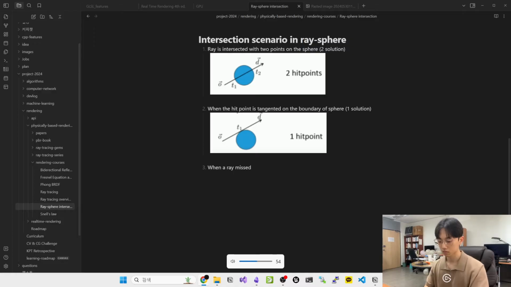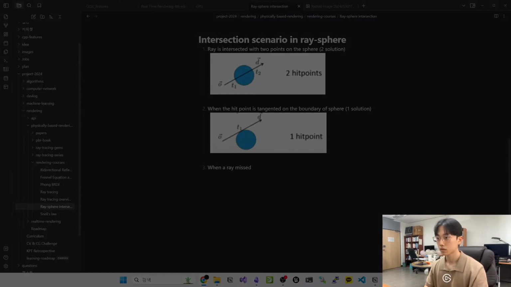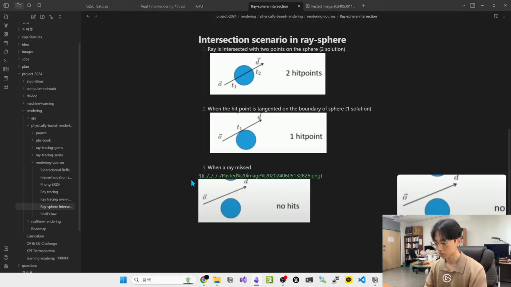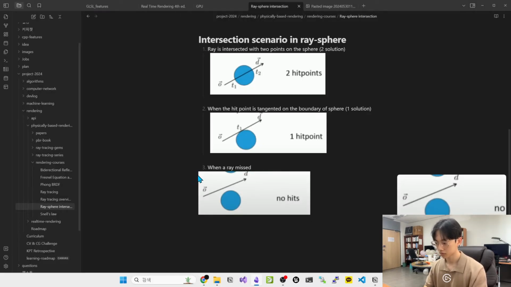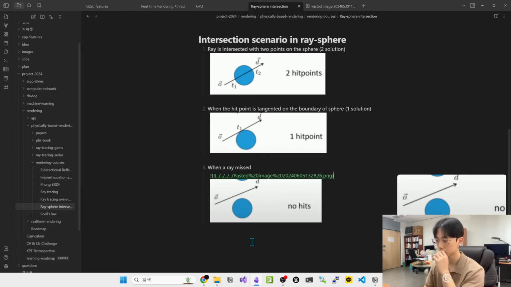And obviously, it is possible that the ray does not hit the sphere at all. So we have, again, listed our expectations before doing any kind of calculation, and you will see that this will make things much more beautiful.